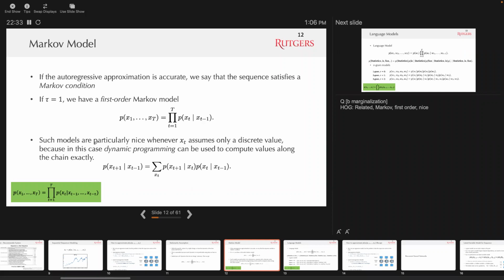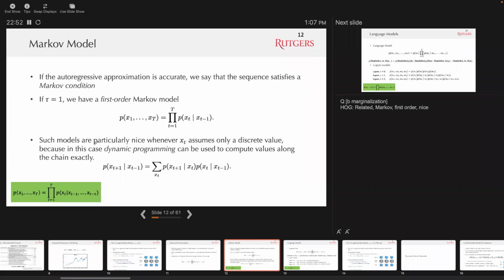So if you're familiar with Markov models, you probably have noticed that there might be different orders of Markov model. If tau equals 1, that corresponds to the first order Markov model. The first order Markov model is the simplest Markov model.